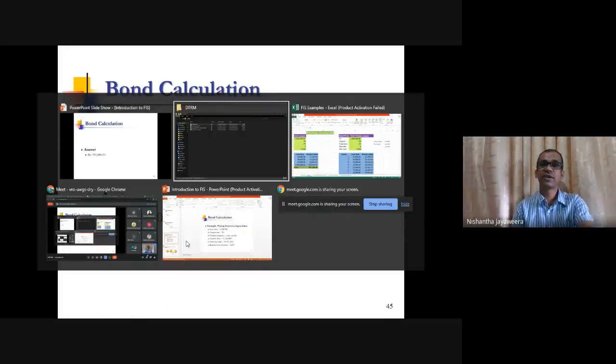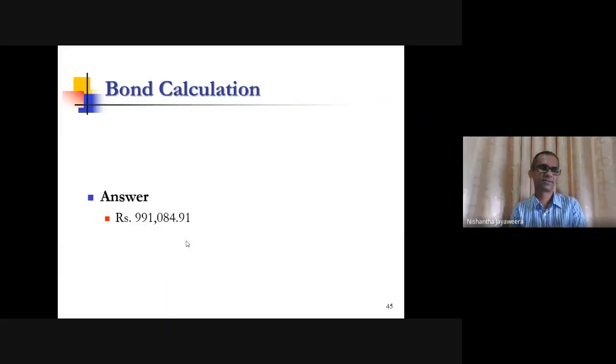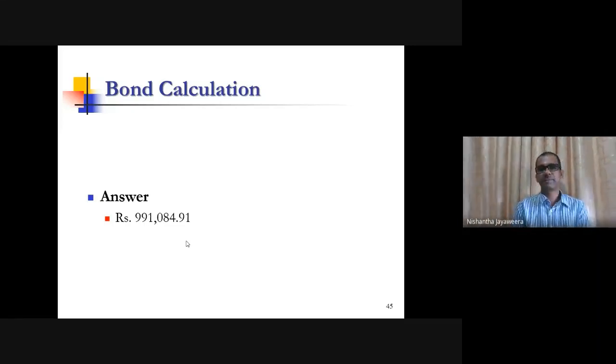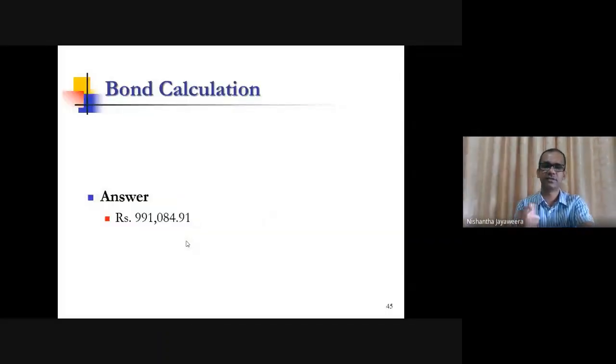Now you can compare three questions and see what the differences are and what the differences in prices are. The first one with the December 15 settlement, but with annual payments.